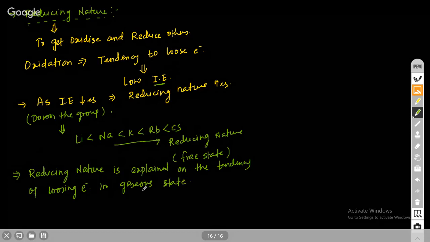In gaseous state, we define this by ionization energy.